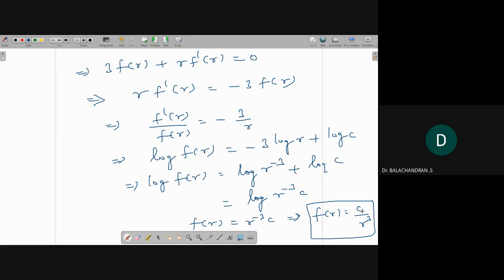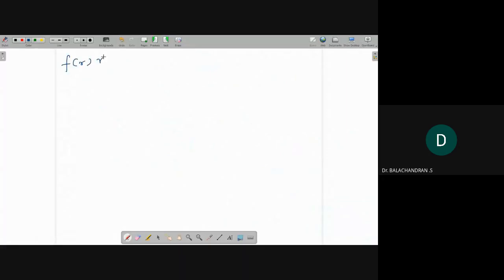Okay. So second part is what is given: f of r into r vector is irrotational. So this is also given in the question.